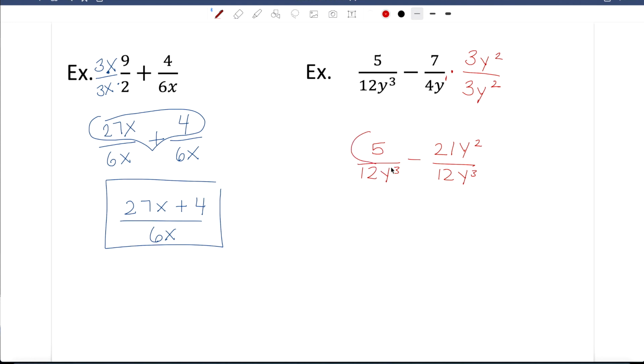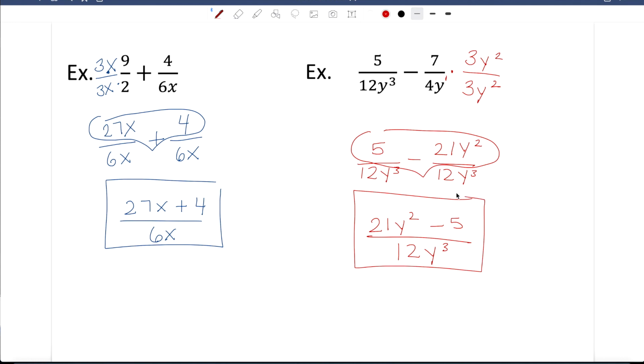Same denominator, focus on the numerator. They're different terms, so you cannot subtract them. I'm just going to put it in order. And you keep the denominator. Oops, sorry. This should have been squared. And I'll accept this.